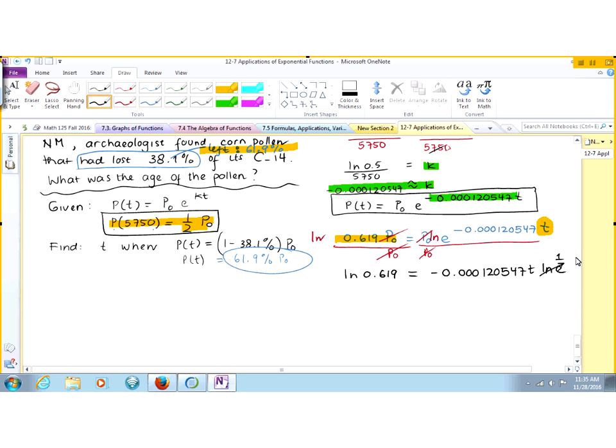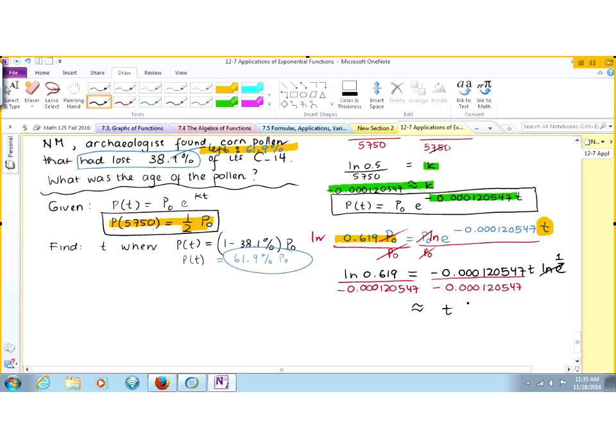All right, and ln e is 1. Okay, good. Now what? Yes, divide both sides by negative 0.000120547. I'm sorry, you do have to carry this much because otherwise your answer will be different, because this is exponential and in the middle.